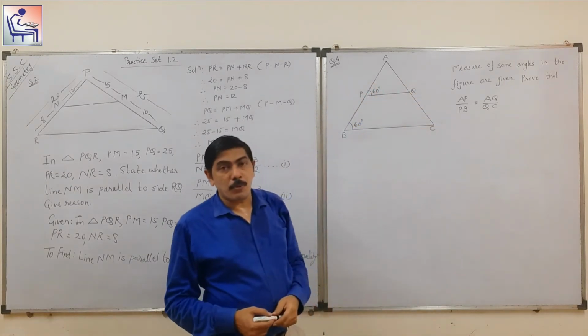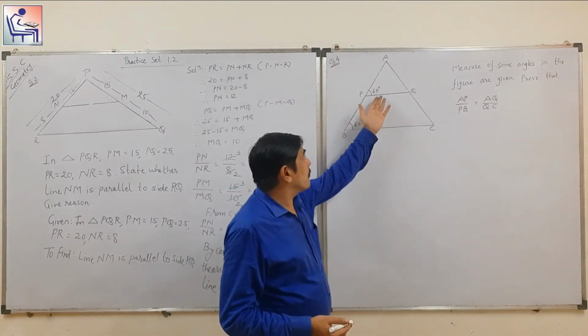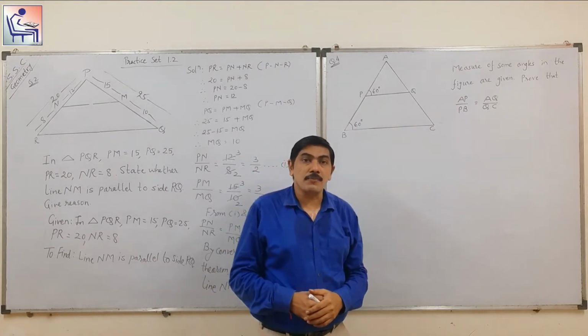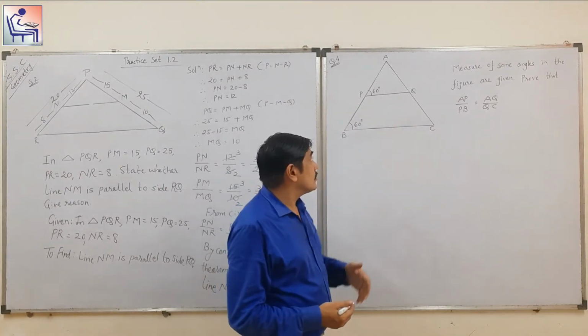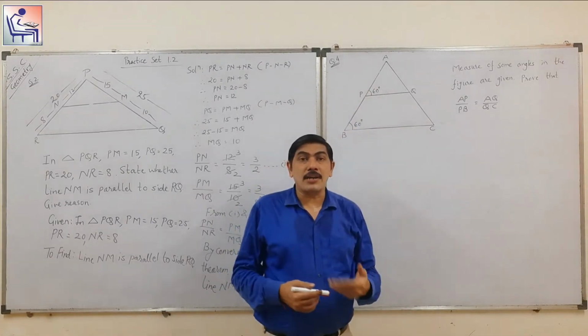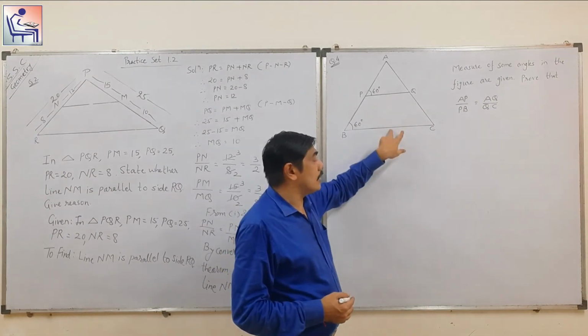By the basic proportionality theorem, if we can prove that segment PQ is parallel to segment BC, then we can say that these two ratios are equal. And for that reason, we have to prove that these two lines are parallel.